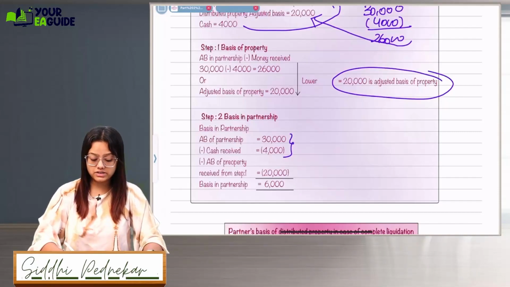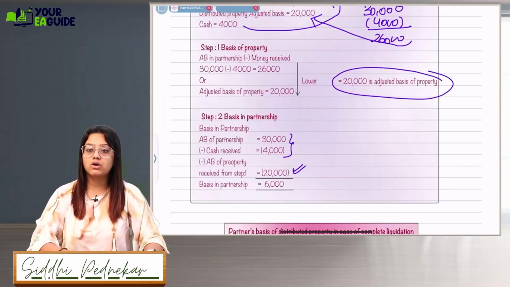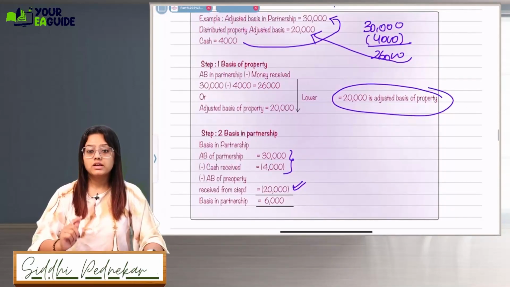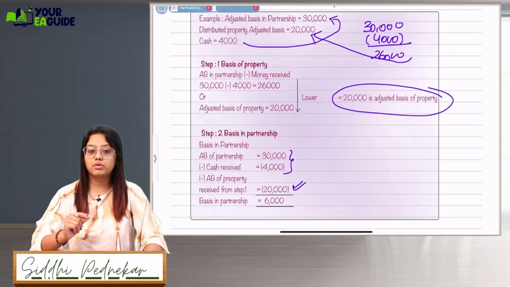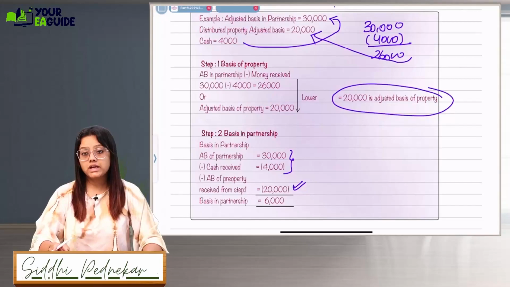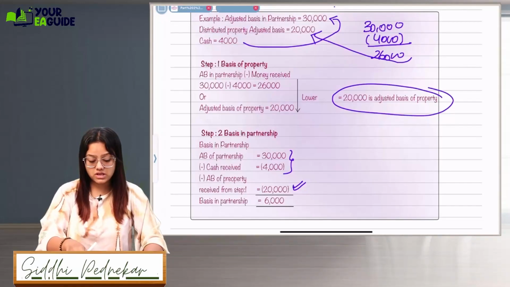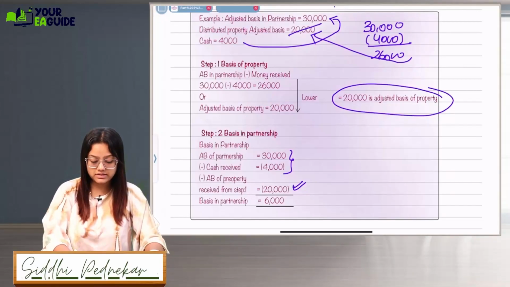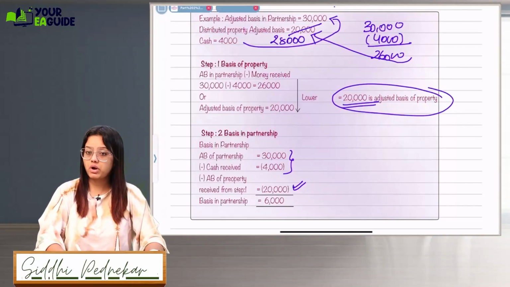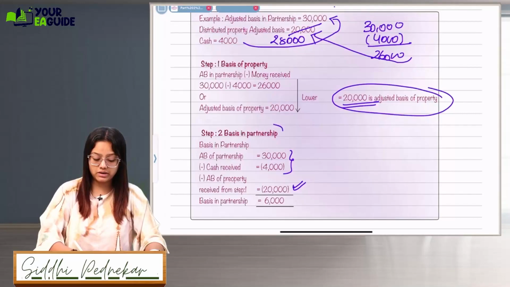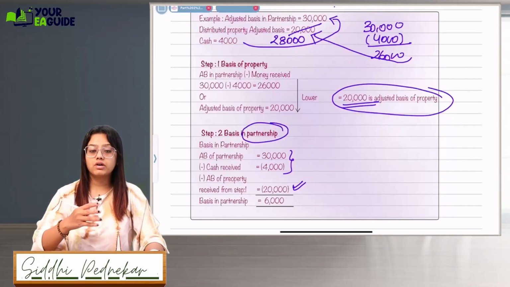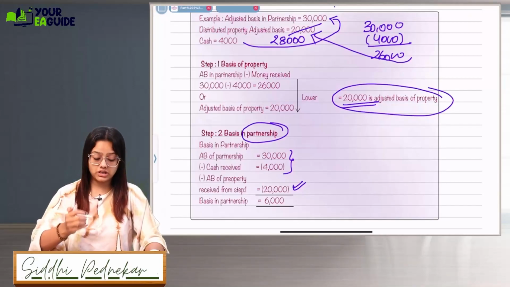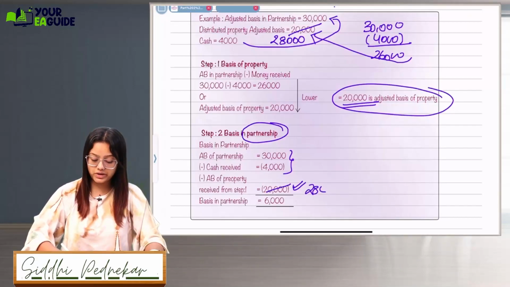Out of that, I receive again the distribution of 20,000. Here, while reducing, I'll straight away take the adjusted basis of the property always. Now, let's twist this sum and make this figure 28,000. Whichever is lower, the basis of the property is 20,000, but when I calculate my existing basis in the partnership, I'll always take the property's adjusted basis, meaning instead of 20,000, I'll take 28,000.